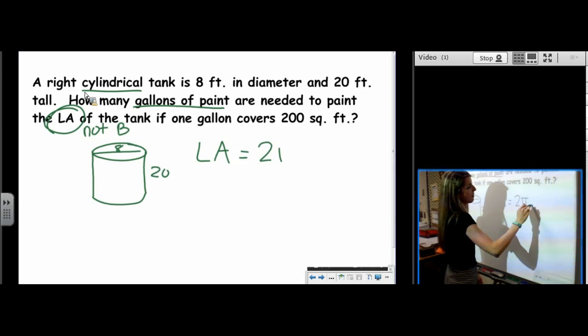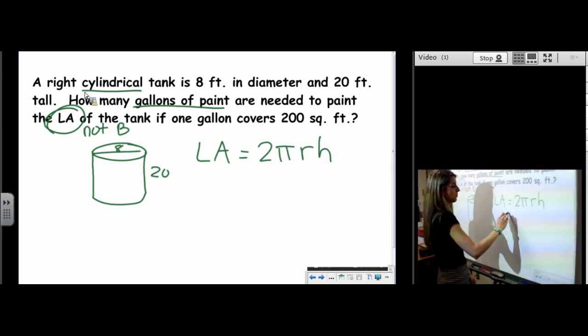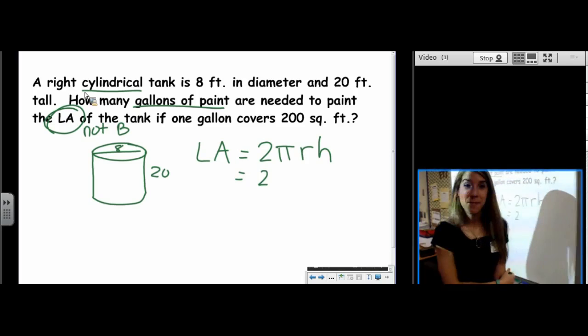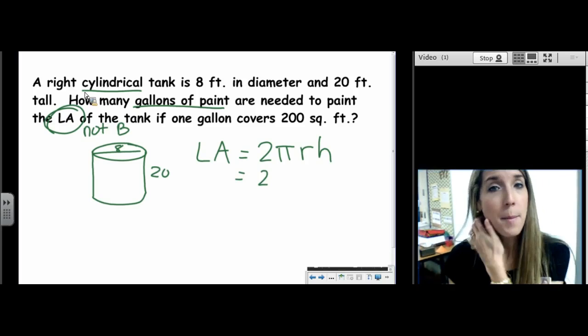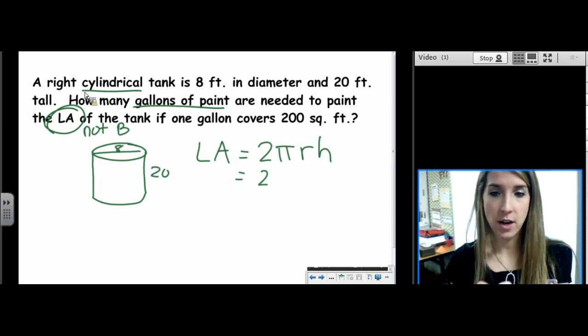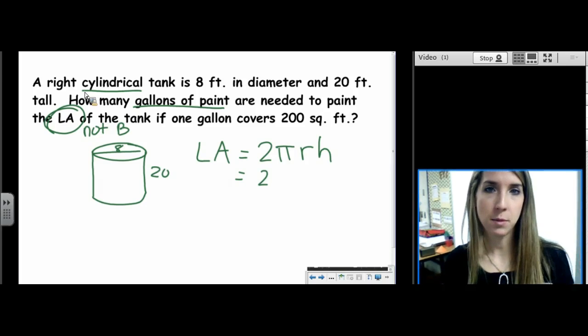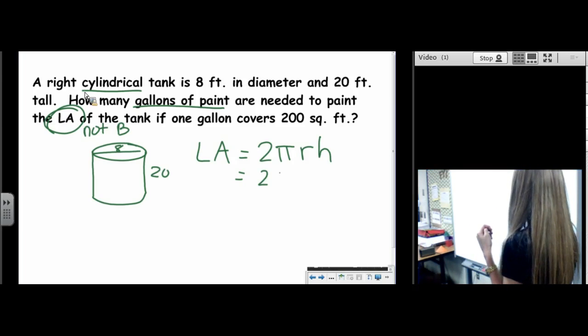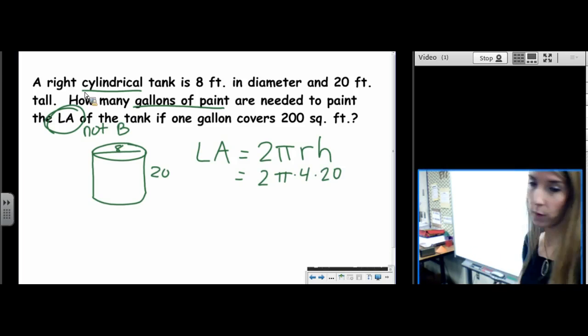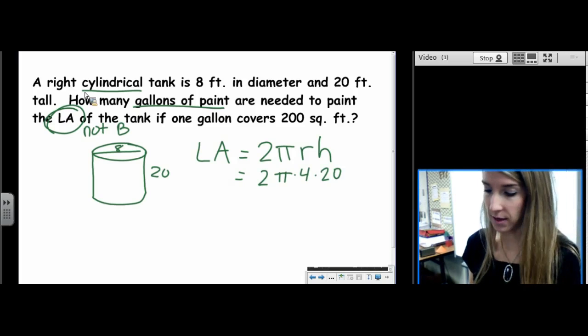2 pi r h. Now, are we going to press the pi button? We can get our answer first in terms of pi, but then when we divide by 200, we're going to need to press pi because we're going to need a real world answer. So 2 times pi times 4 times 20. I got 4 by taking the 8 and dividing by 2, of course.